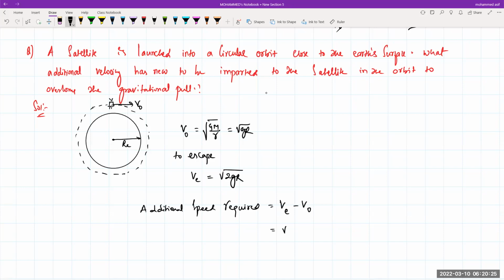So the escape velocity formula is under root of 2g into r, and orbital velocity is under root of g into r.